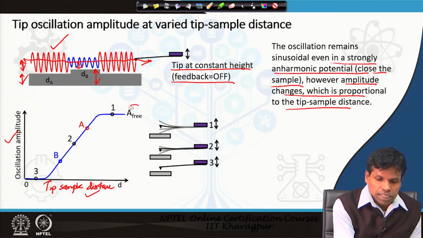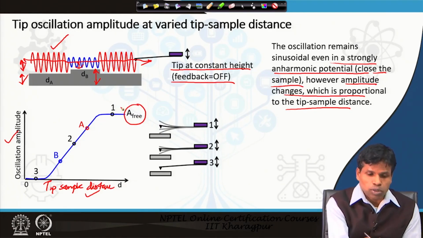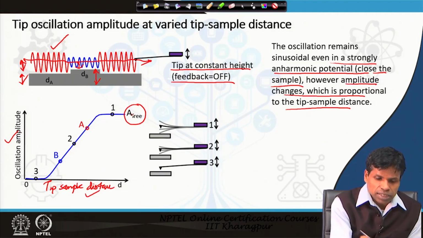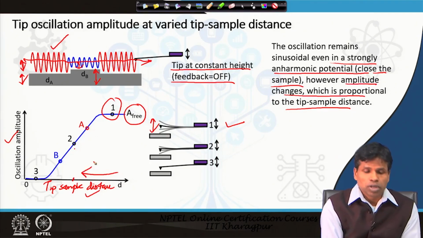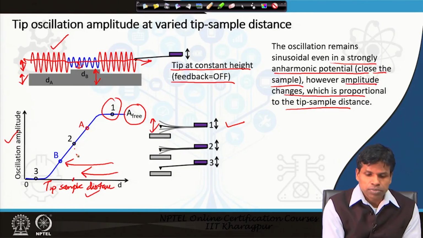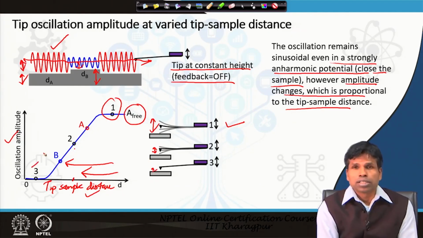As you see, the probe is oscillating at its resonance frequency. There is a free oscillator with a particular amplitude. We can set that amplitude also, and then when it is oscillating here in one position with a higher amplitude, as the probe comes closer to the sample surface, the oscillation amplitude decreases, and it further decreases here when the tip comes to the repulsive regime or very close to the sample surface.